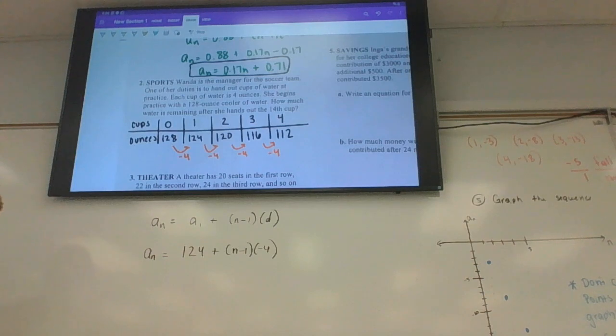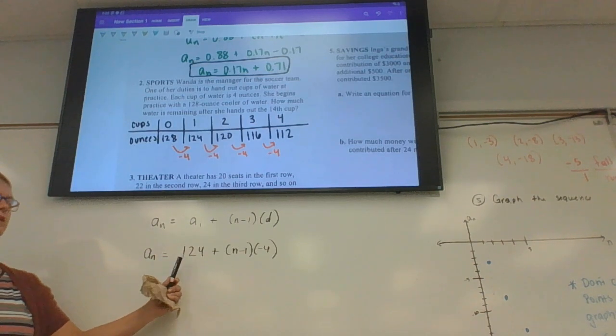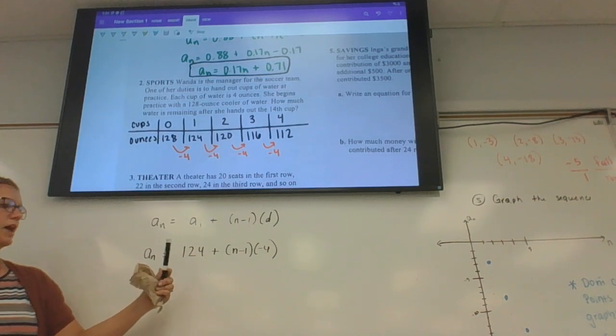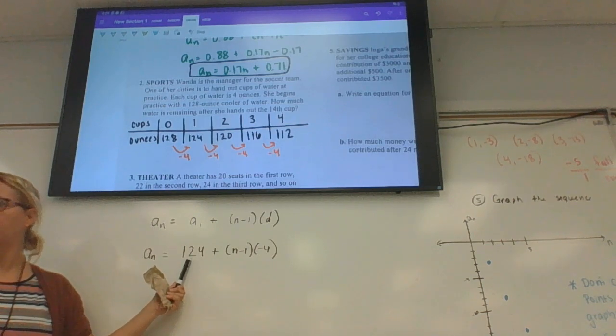Okay? So I put the first value in here, not the 0, the first one. After 1 cup, I had 124 ounces.